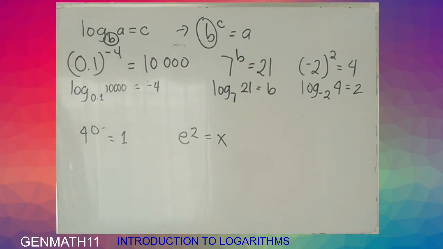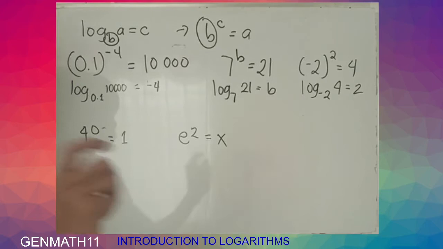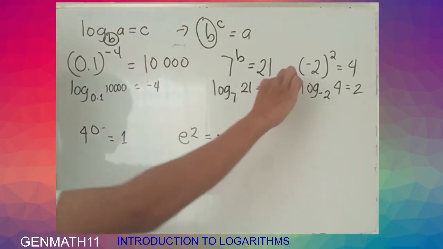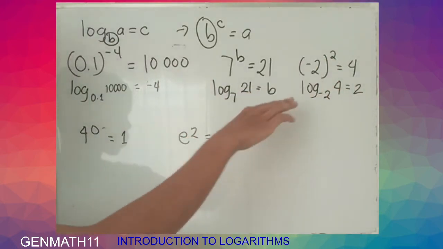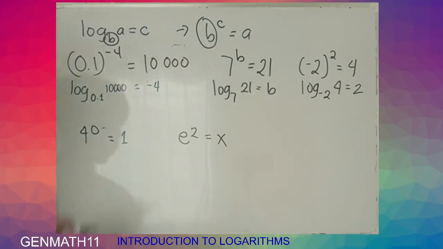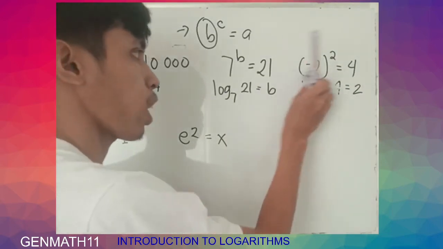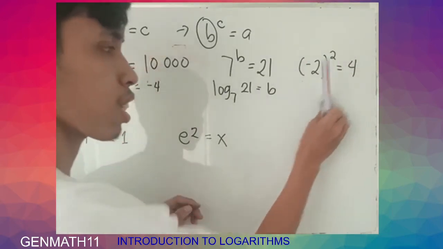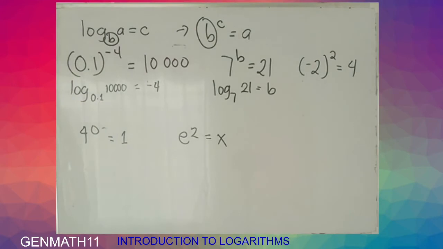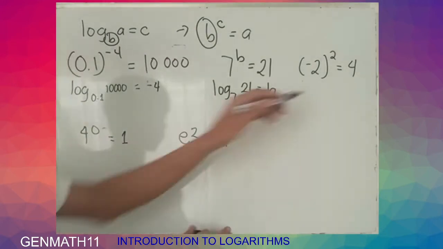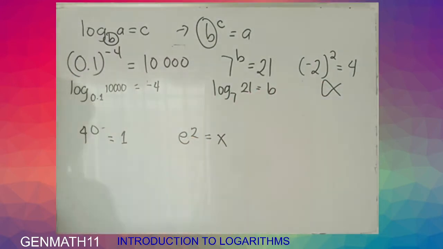Na kapag ang base natin is negative, hindi natin pwedeng i-convert ang given exponential form into logarithmic form. So, ibig sabihin, wala tayong conversion nito. Yung b natin cannot be negative number. So, wala tong conversion.